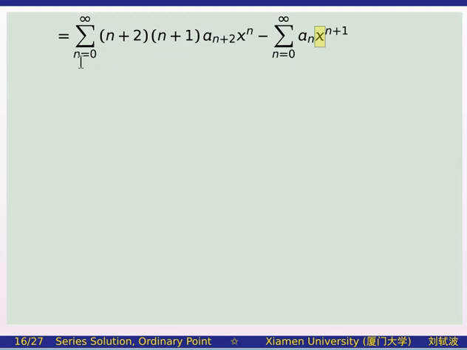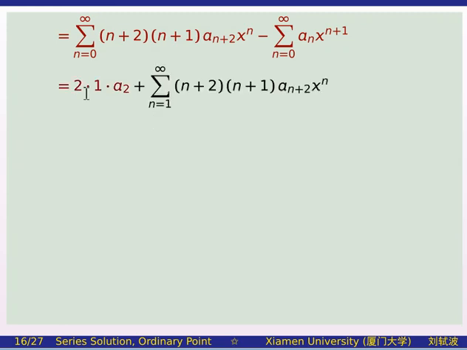So we write the constant term, that is n equal to 0, for the first summation separately. Therefore, this is 2 multiplied by 1, then a2, and x0 is 1, so nothing more. And plus the sum over n from 1 to infinity. That is, n from 0 to infinity is split into n equal to 0 and n from 1 to infinity.